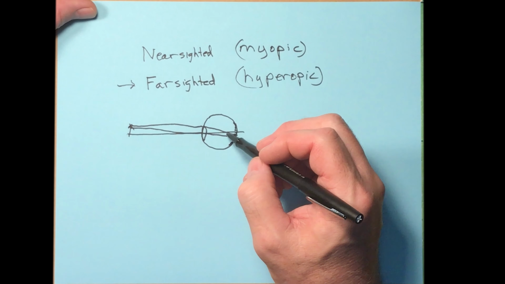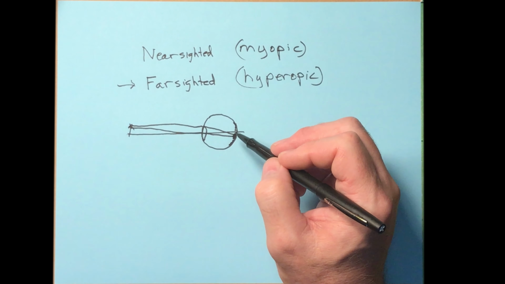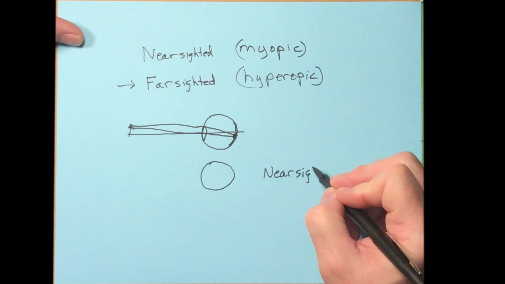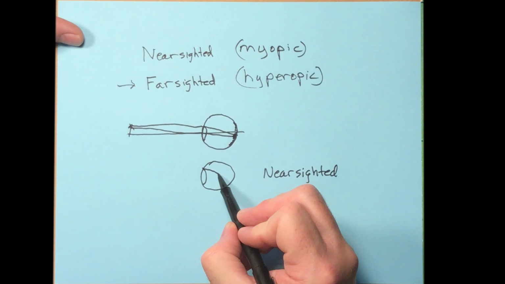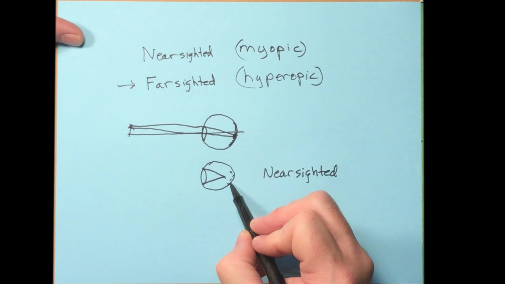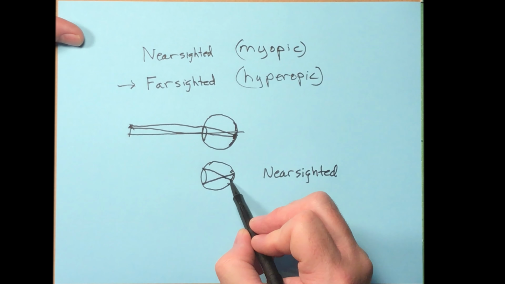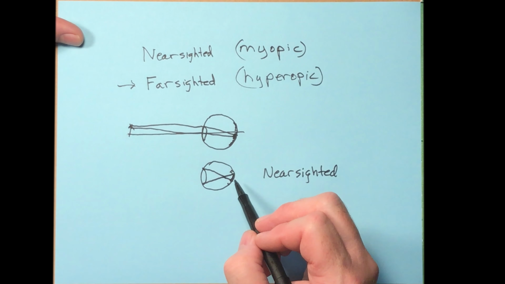Okay, well, that's the way a perfect eye would work, it would focus right there on the retina. However, if you're nearsighted, rather than focusing back there, it stops short of the retina and it doesn't reach, so those light rays continue on through like that, and you get the blurred image at the retina.